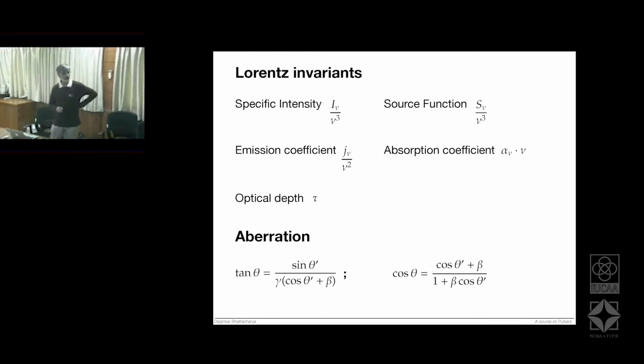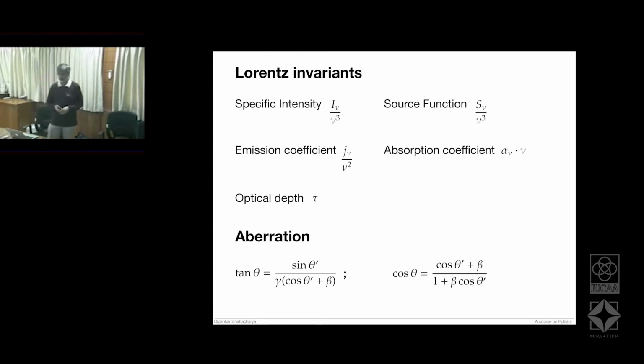Now, in the radiative transfer equation, the source function appears at the same status as the specific intensity. So I_nu over nu cubed being constant will also mean that the source function S_nu over nu cubed is constant.